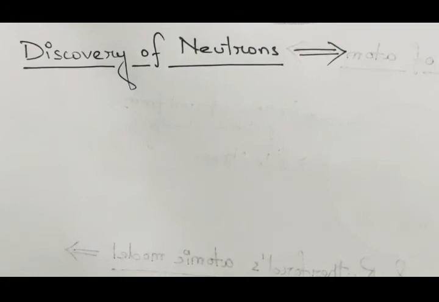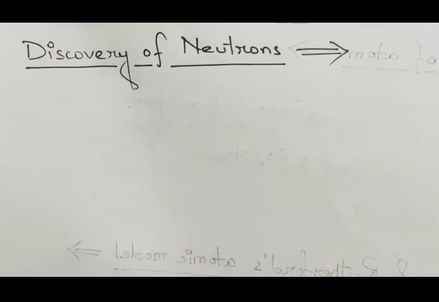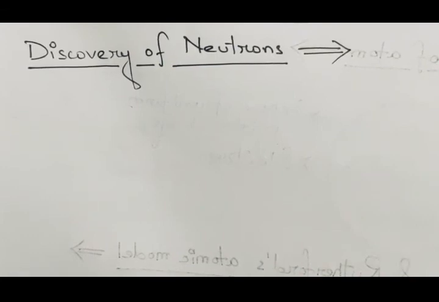The concept of the neutron was given by James Chadwick. He analyzed the energies of different targets by bombarding light-weight nuclei with alpha particles, and he discovered the existence of a new particle which is chargeless, and it had a mass similar to that of the proton. So this particle was called the neutron.